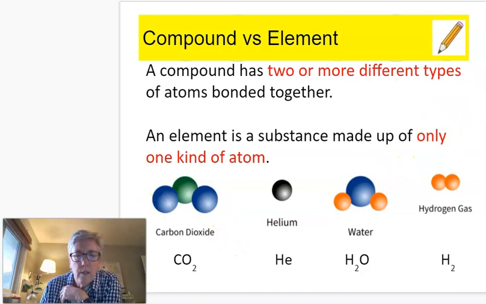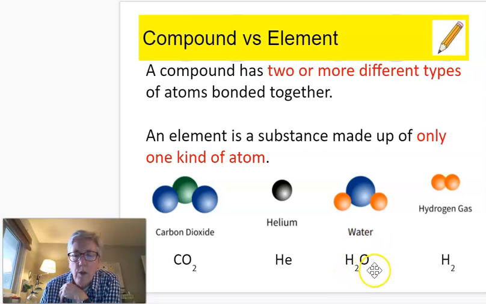So if that's the case, carbon dioxide is a compound because it has carbons and oxygens. And the formula shows you that it has two oxygens and one carbon. Helium is an element. All it has is He. One kind of thing, so that would be a pure substance of helium. Water is a compound.